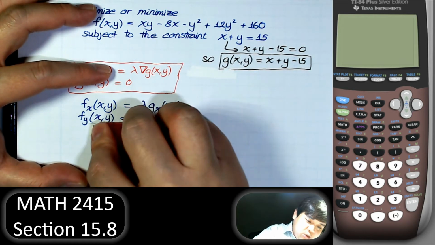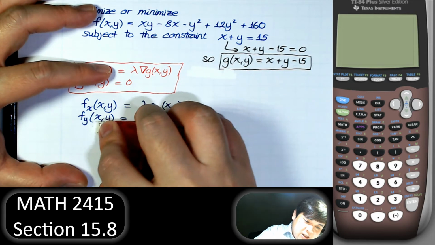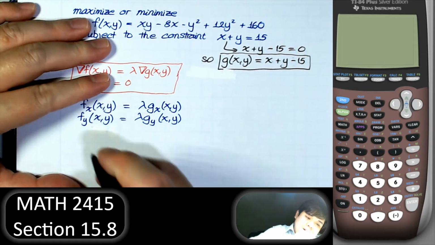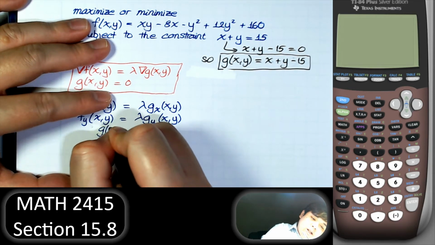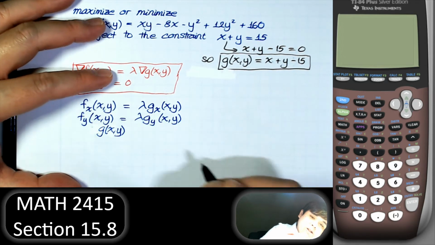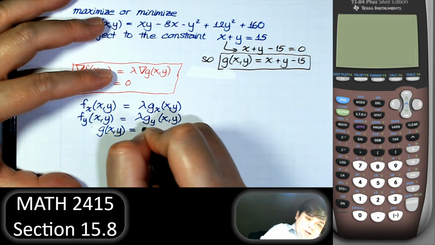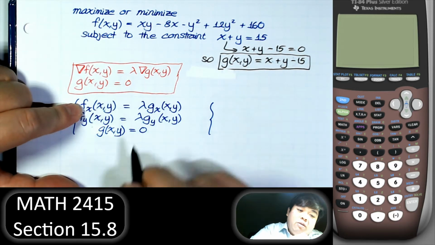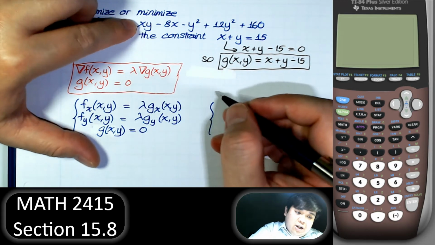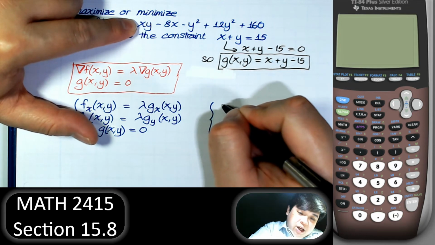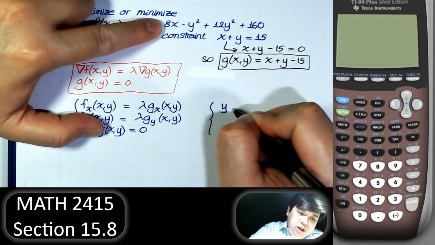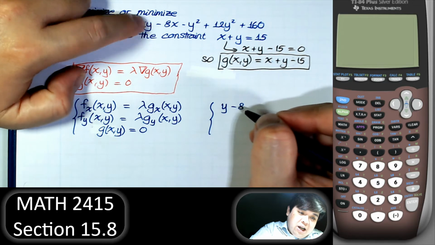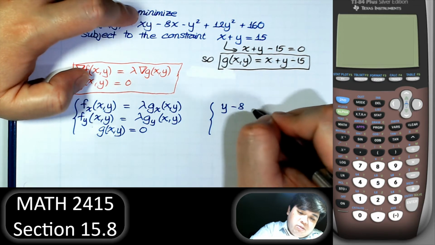Once again, I just want to write the general case. g of x, y equal to 0. Right, so that is the system of equations. Equivalently, the derivative of f with respect to x will be y minus 8, and that's all there is to it.